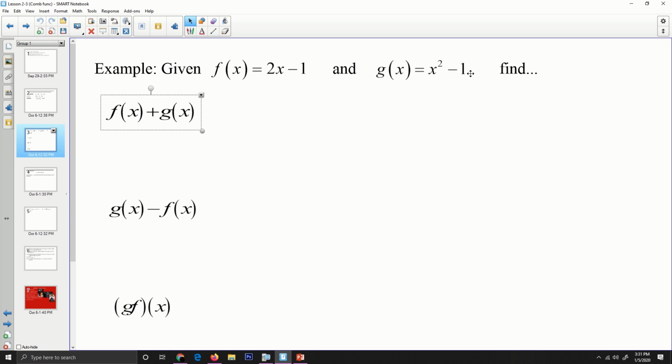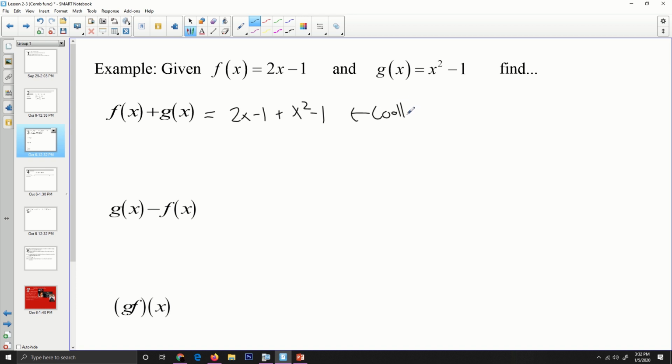So some quick examples: if f of x is 2x minus 1 and g of x is x squared minus 1, if they ask us to find f plus g of x, all we're going to do is take f of x, which is 2x minus 1, and then to that we're going to add x squared minus 1, and we're just going to collect like terms.